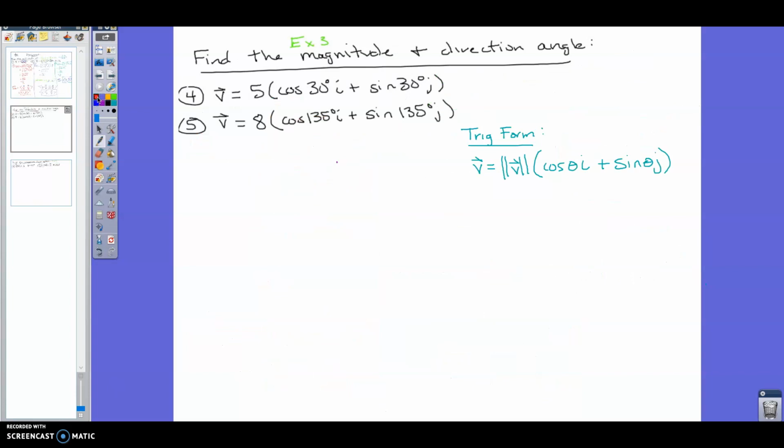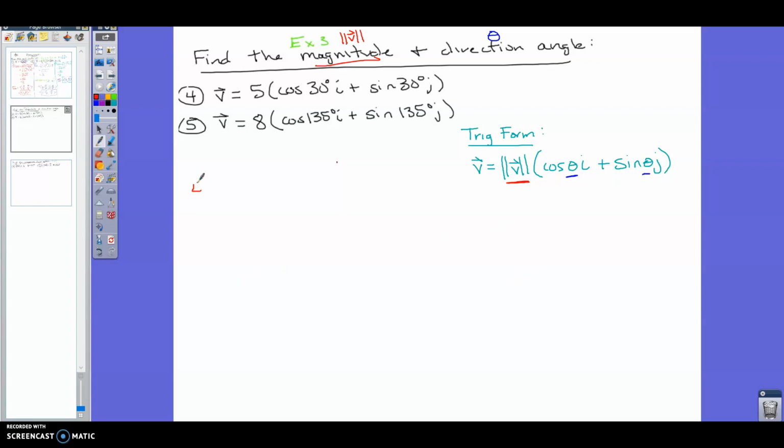Alright, so on these we're being asked to find the magnitude, which is given by this symbol, and we're being asked to find the angle, which is given by theta. If we look at the trig form, the magnitude is the number in front of the parentheses. The angle is given by theta, so it's after sine and cosine.